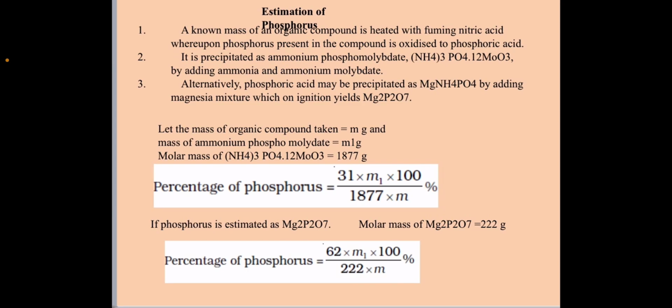Mg2P2O7. Now if the mass of organic compound is m gram, the mass of ammonium phosphomolybdate is m1 gram, and the molar mass of ammonium phosphomolybdate is 1877 gram, then the percentage of phosphorus can be calculated in these two ways: 31 into m1 into 100 upon 1877 into m, or alternatively 62 into m1 into 100 upon 222 into m. 31 is the atomic mass of phosphorus.